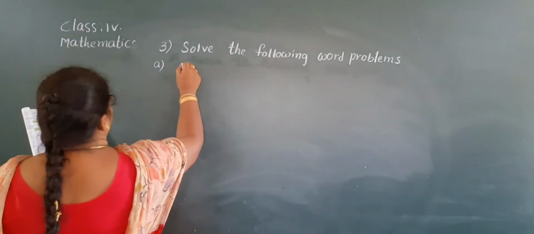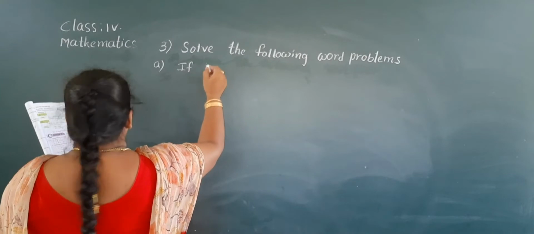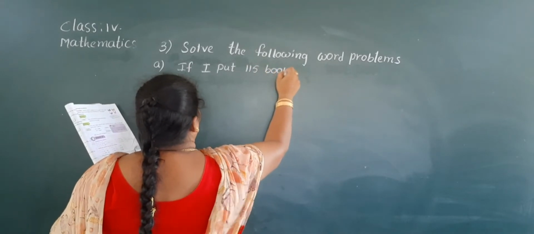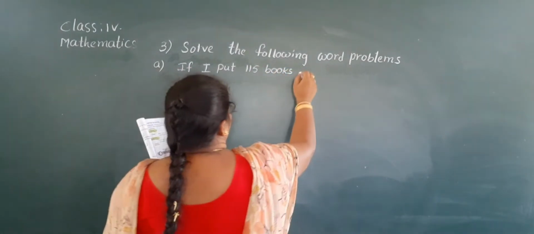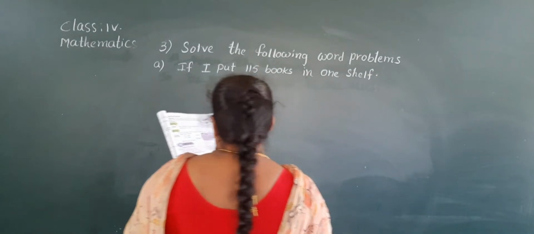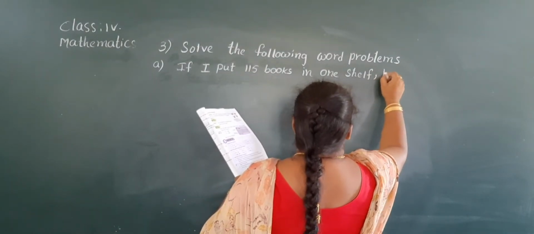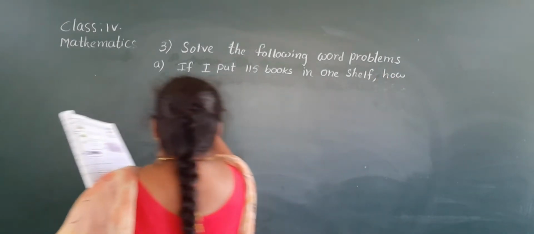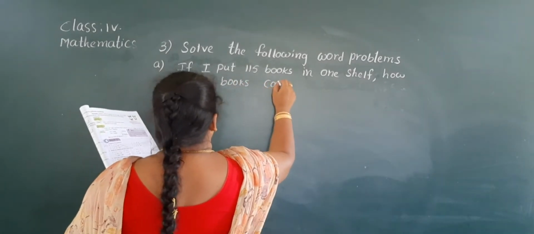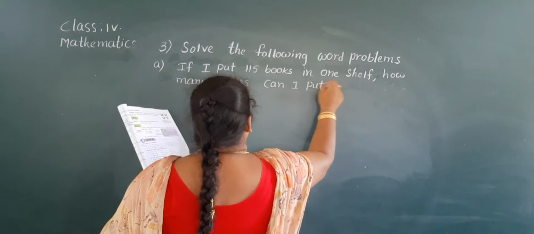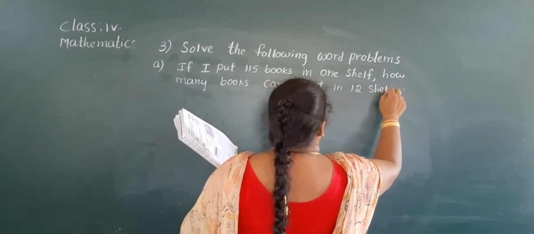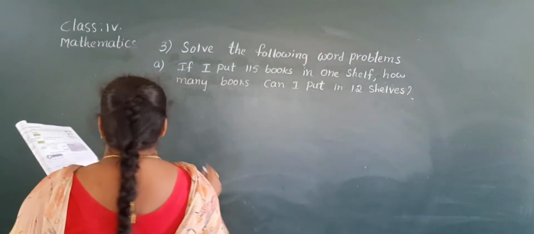If I put 115 books in one shelf, how many books can I put in 12 shelves? So this is the first word problem, Nana.